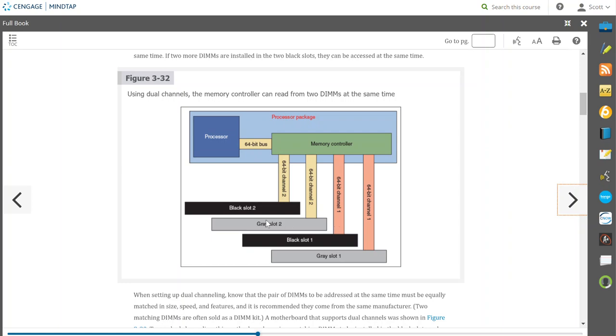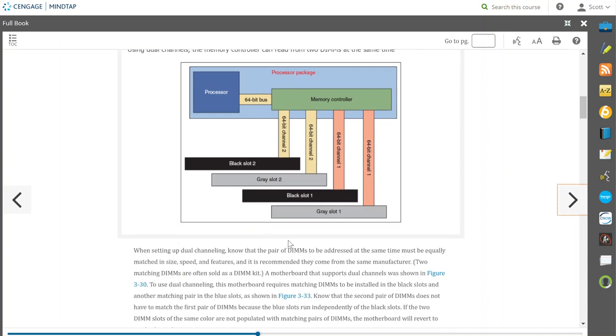It's situational and it depends on the processor, but I'm traditionally going to want to put them not on the same channel, put one on channel 1 and one on channel 2. So I would traditionally put black slot, black slot. Right. And then if I added more, it'd be gray slot.